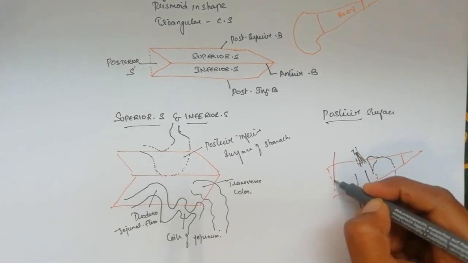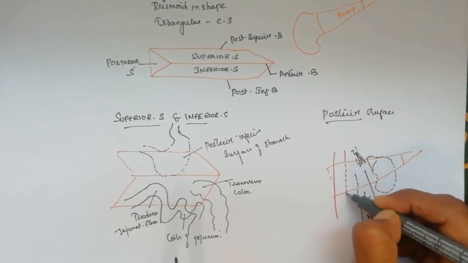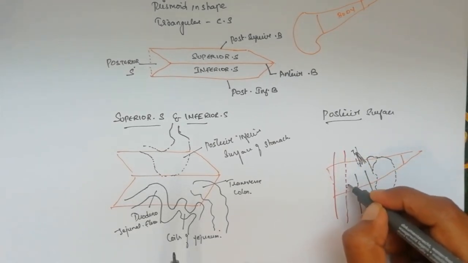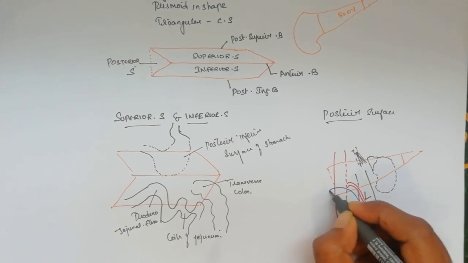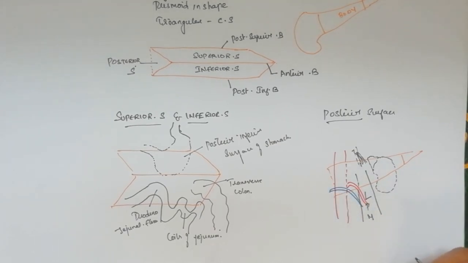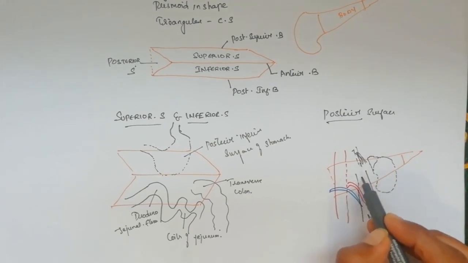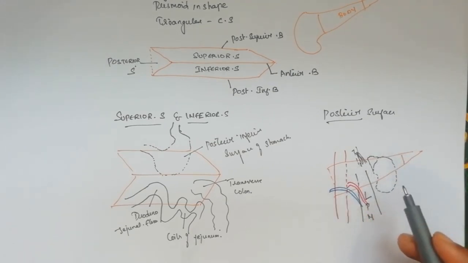So we will be having relation of aorta also with gonadal vessels such as artery and vein. So these are the structures which are related to the posterior surface of body of pancreas.